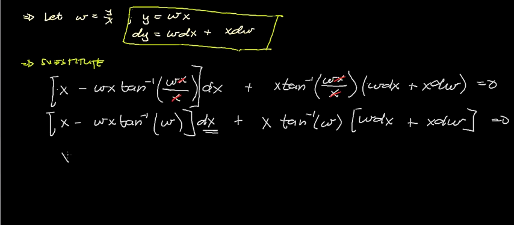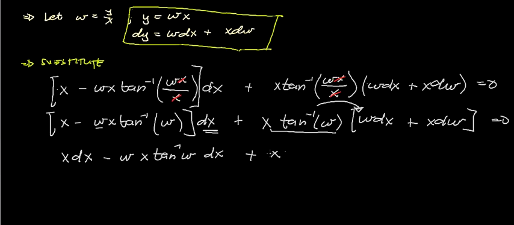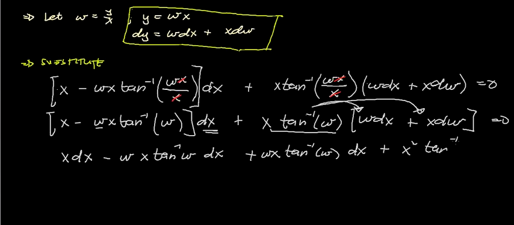So we have x dx minus wx arctangent of w dx plus, let's distribute this term, wx arctangent w dx, then here we have plus x squared arctangent of w dw is equal to 0.